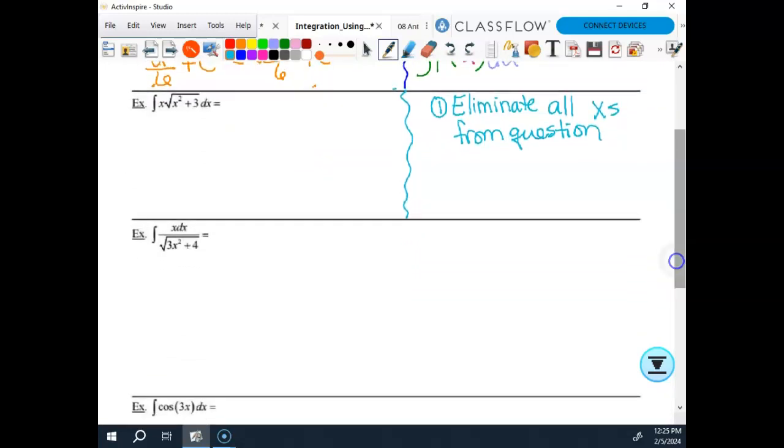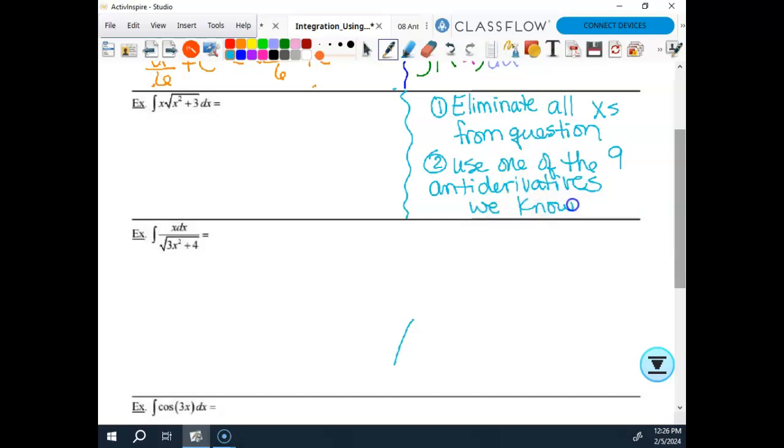And number 2, use one of the antiderivatives we know. I think there's only 5 on the front here, but you know more of them.